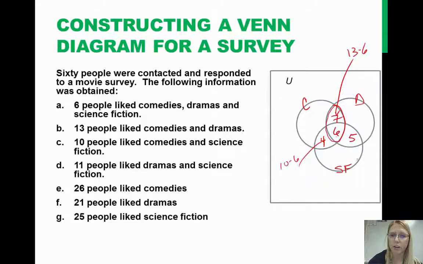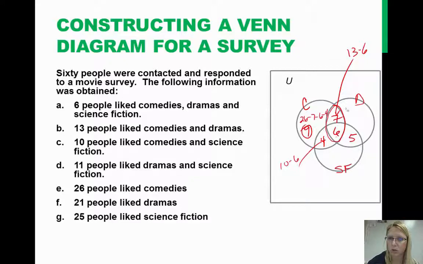Likewise, we need to figure out the inside of the circles here. So we have 26 people like comedies. So 26 minus these 3 that are already in there. So minus 7, minus 6, and minus 4. If we find that out, you'll find that there's a total of 9 in that section right there. With dramas, we have 21 people.